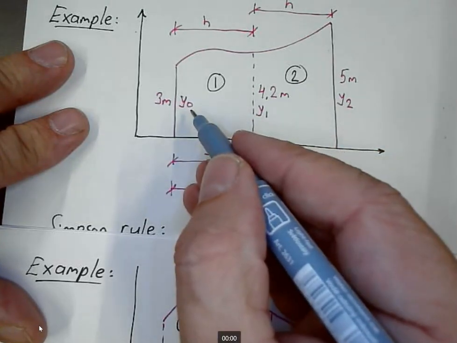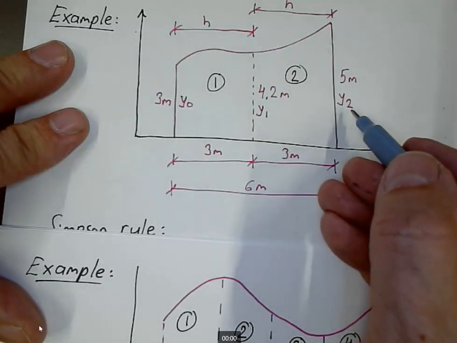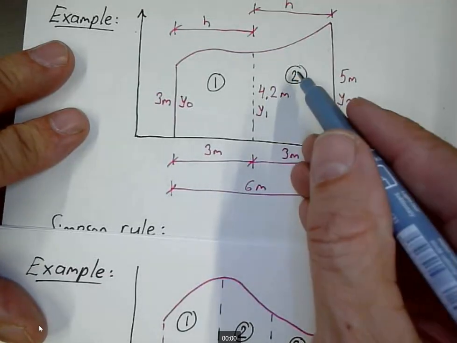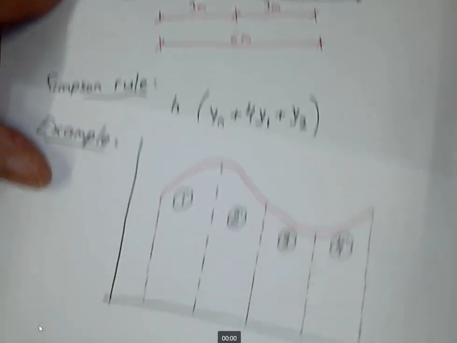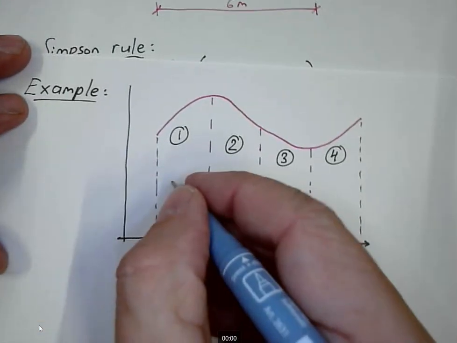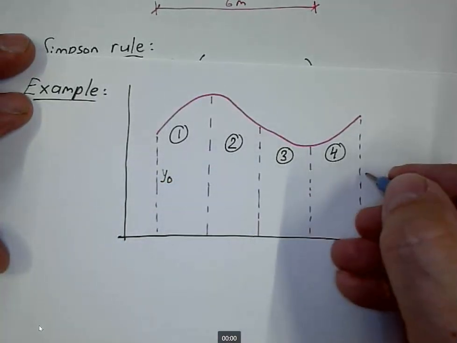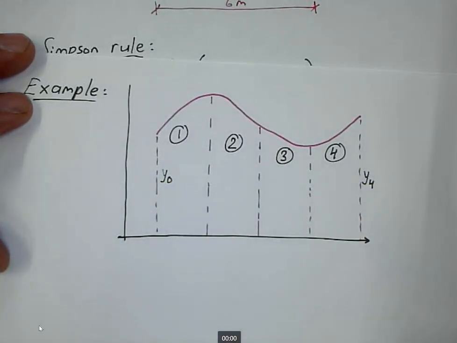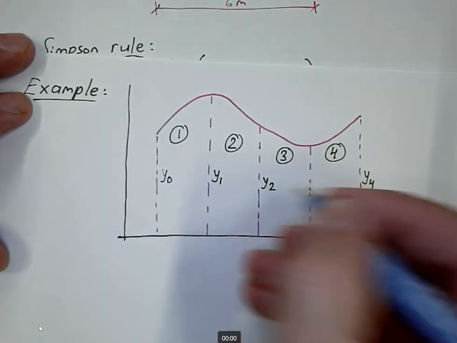It always starts with 0 and ends with the same index, which is the number of parts. So in this case, this height is y0 and this last one is y4, and then y1, y2, y3.